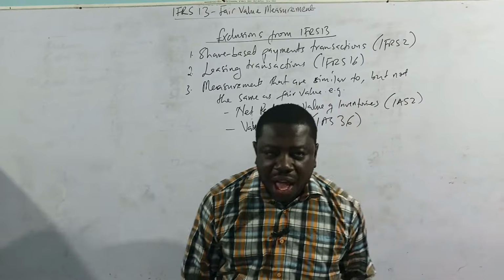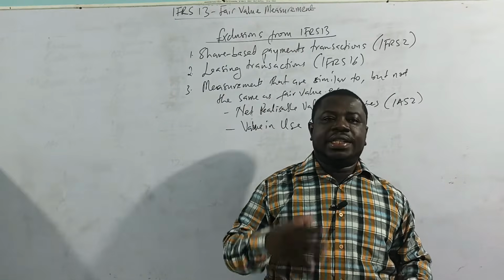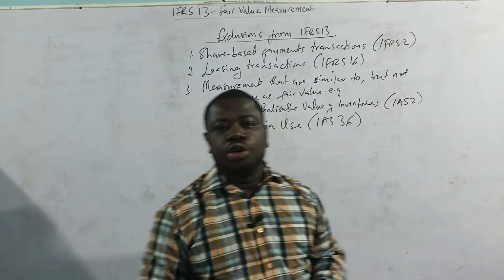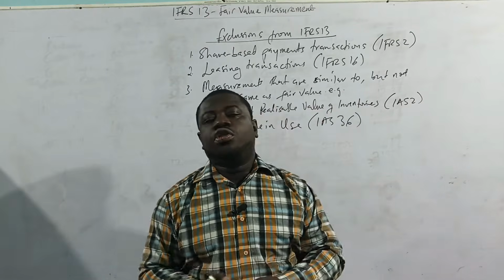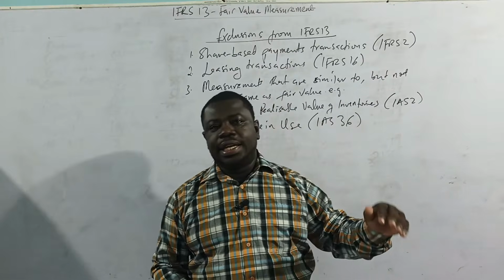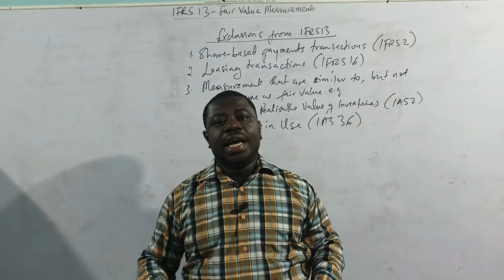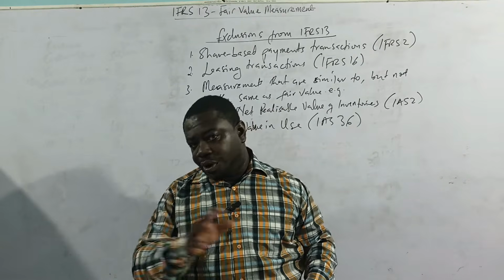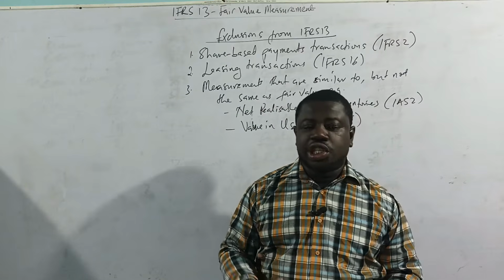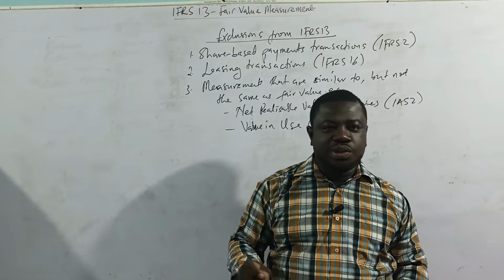Now, having understood the exclusions from the scope of IFRS 13, let us begin to define what fair value is, because we are looking at fair value measurement. So what is fair value? For those of you who have studied or watched my video on IAS 16, IAS 36, IAS 40, IAS 38, and all those standards that relate to non-current assets, you realize that we gave some definitions of fair value there, and it is not me who generated those definitions.